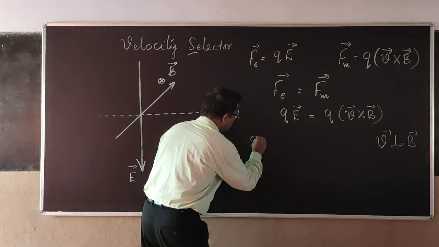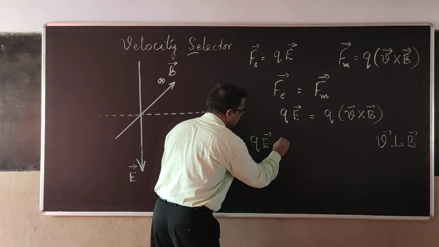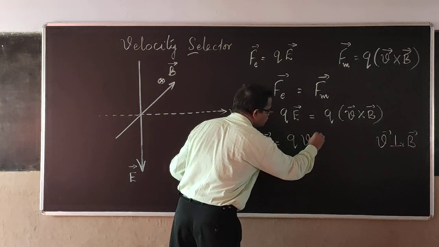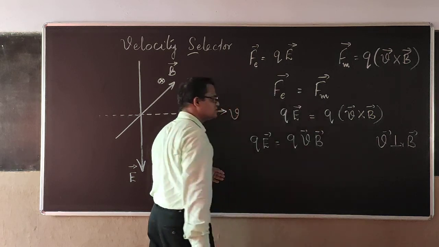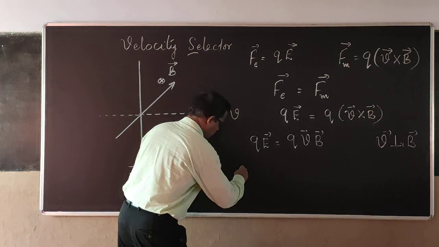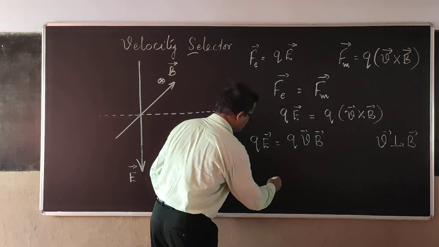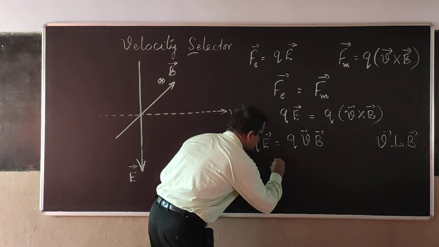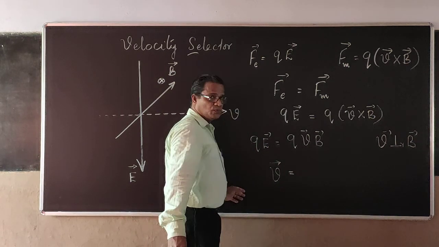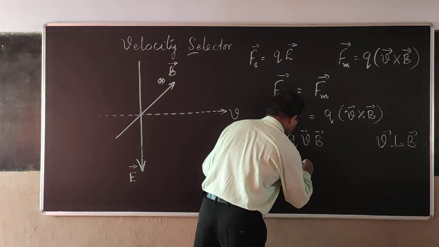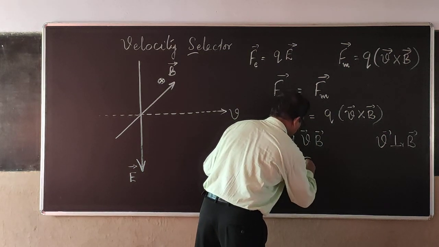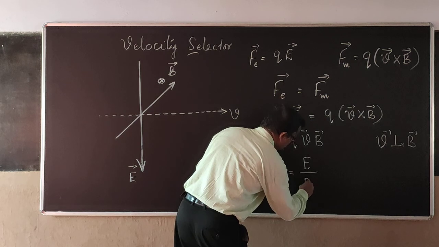Therefore, I can write qE equal to q into v into B, the maximum. And therefore, from this one I get the velocity v equal to E by B.